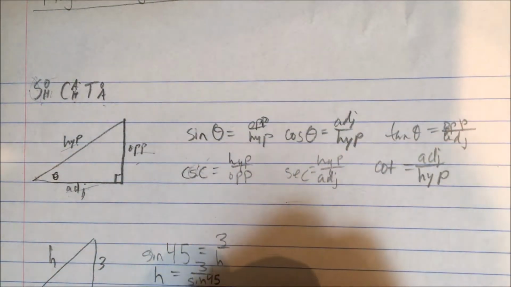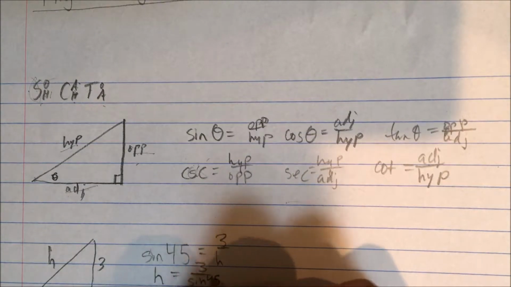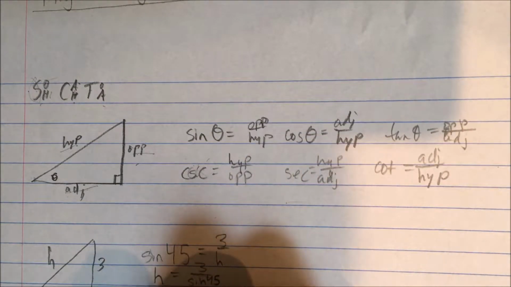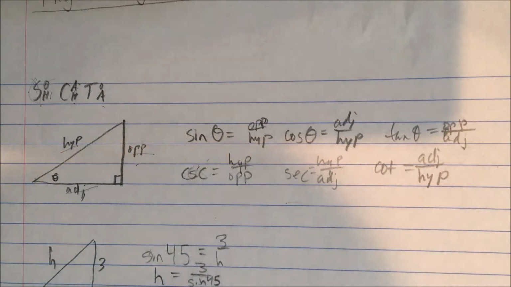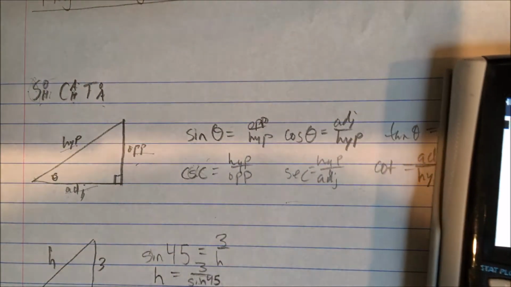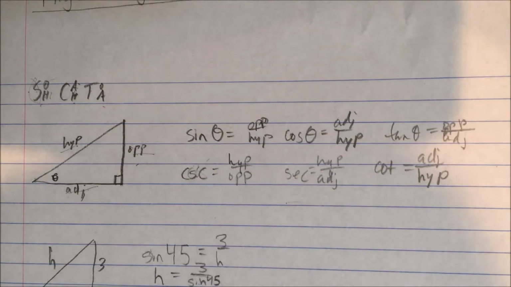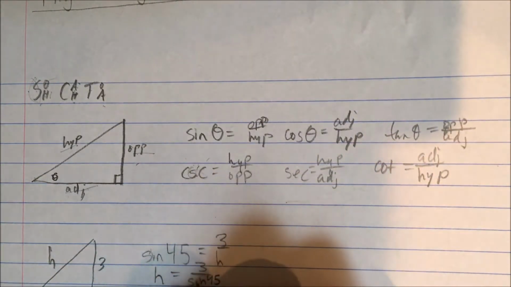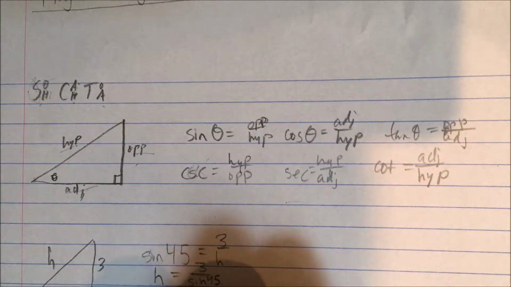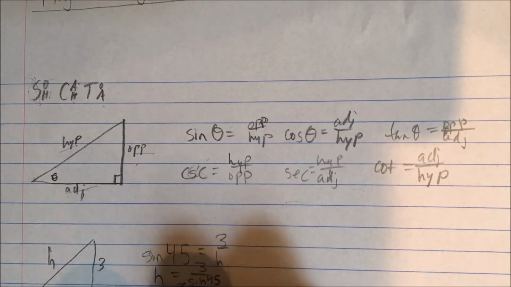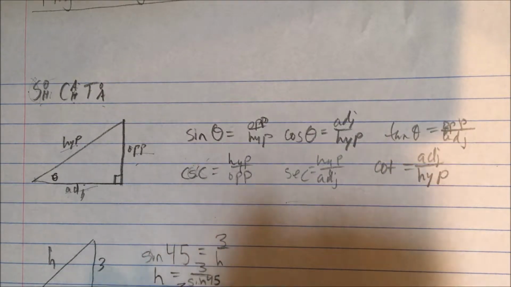And if we evaluate sine 45, this is not one we can actually use our calculator for. When we evaluate this, we get h equals 3 over square root of 2 over 2.